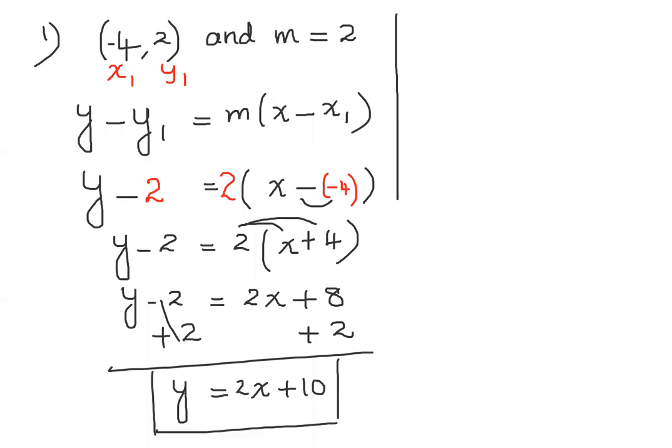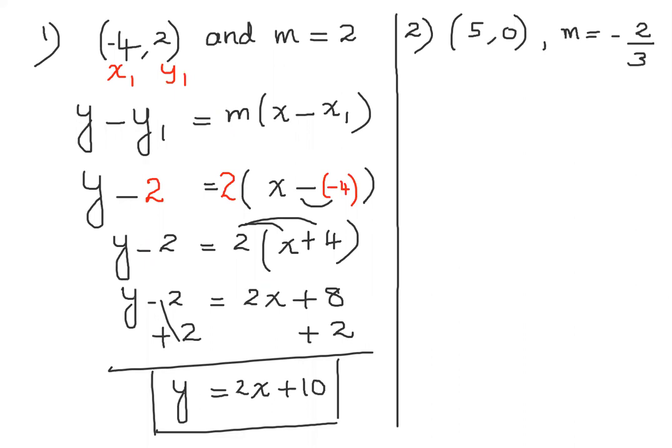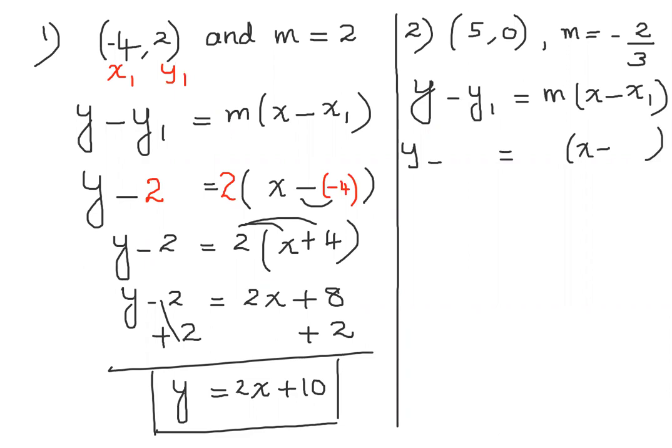Problem number 2, we are given the point (5, 0), and the slope is a fraction. Again, we use the same formula, the point slope form. Now plug in the numbers. y1 is 0, m is -2/3, and x1 is 5.